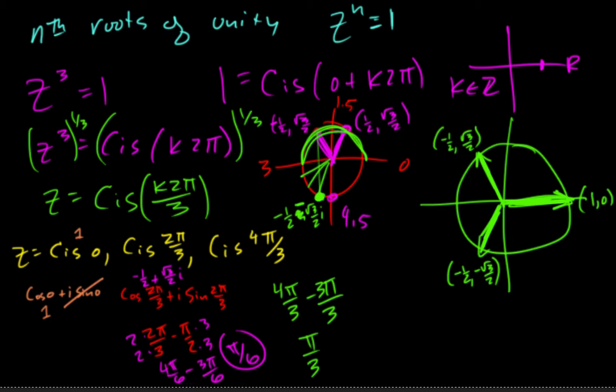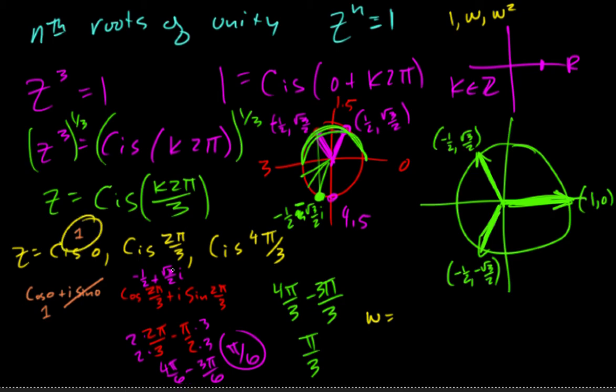And the next part of the problem says if W is the root with smallest positive argument, show that the roots are 1, W, and W squared, and that 1 plus W plus W squared equals 0. So we're going to let W equal our second root, because we already saw that we have a root of 1. So we have roots of 1, W, and W squared.